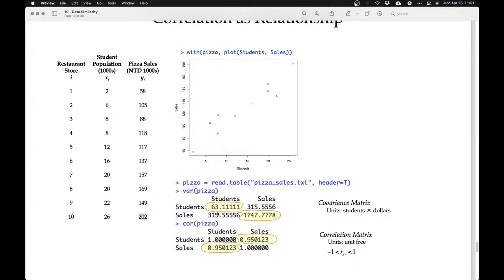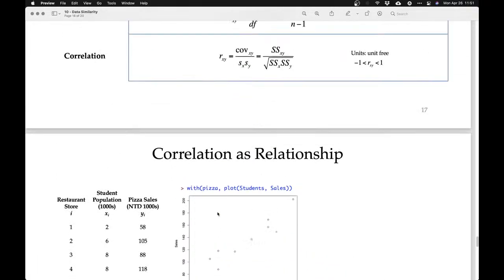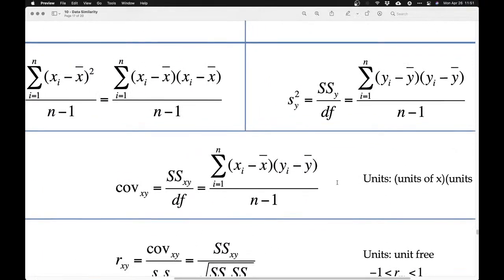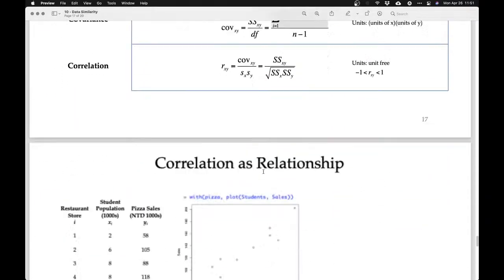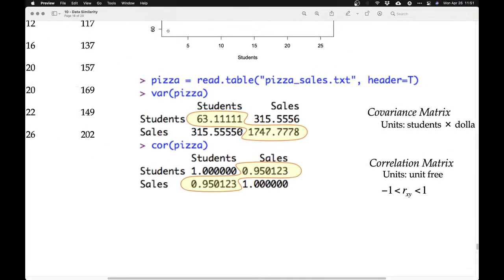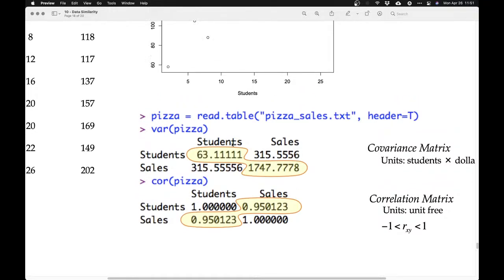The diagonals are the variances, the off diagonals are covariances. It makes sense because covariance and variance have the same formula. If you just replace one of these terms with another variable, you've got covariance. If you apply the same formula on all these columns, when the two columns are the same, you'll get variance. When the two columns are different, you'll get covariance. The off diagonals are covariances.